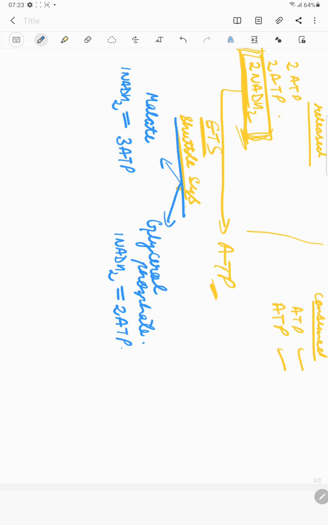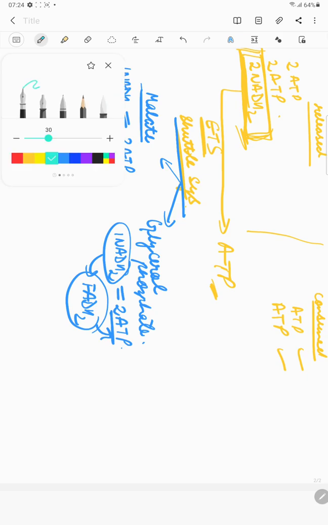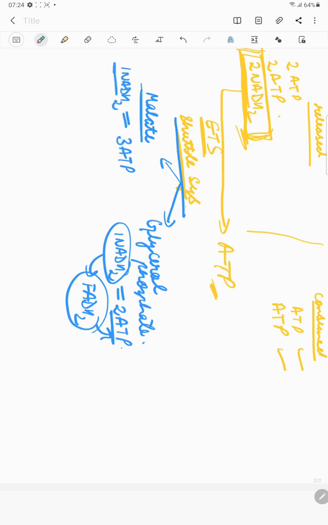Now you must be wondering why this is happening. In the malate shuttle, NADH2 remains in the form of NADH2, but in the glycerol phosphate shuttle, NADH2 converts into FADH2. And this FADH2 is equivalent to 2 ATP, hence you will be gaining 2 ATPs in the glycerol phosphate shuttle. Now, this malate shuttle is found in liver, heart, and kidney cells.